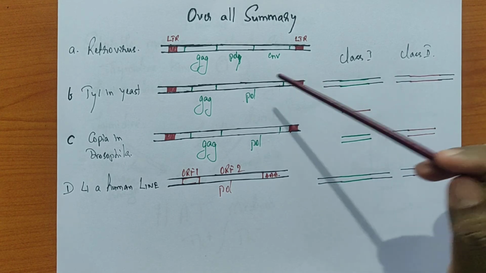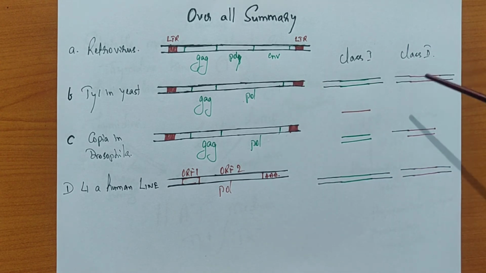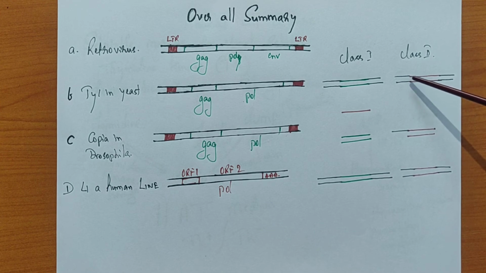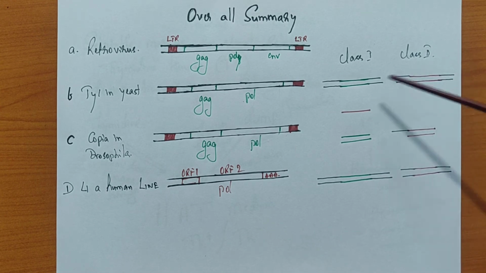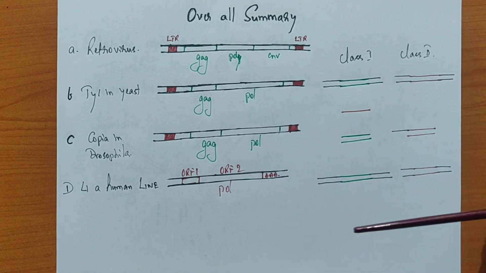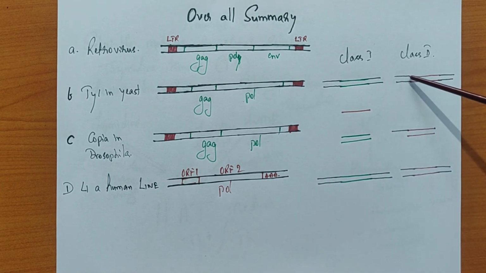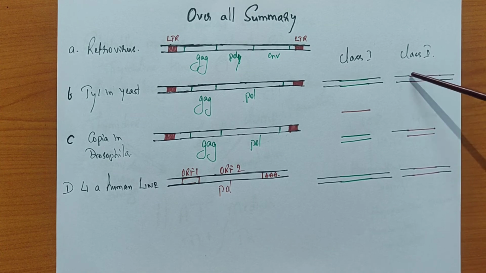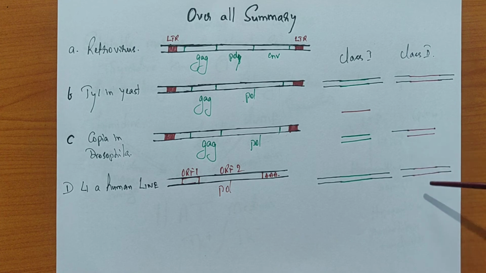All right. Now this is class 2. We have the chromosome and the transposable element, which does not have the polymerase enzyme. So what it does is this will get removed. This region is eliminated and then it gets incorporated elsewhere.